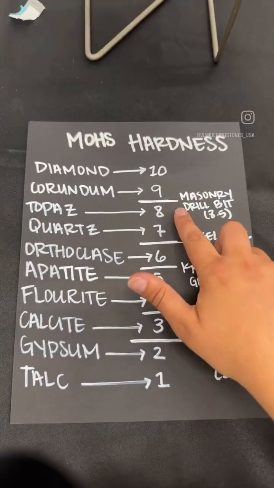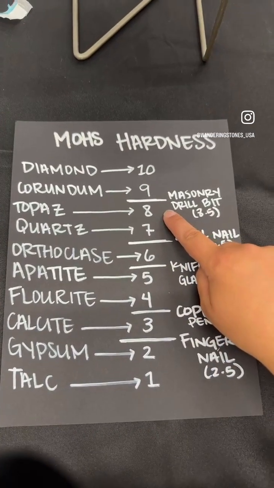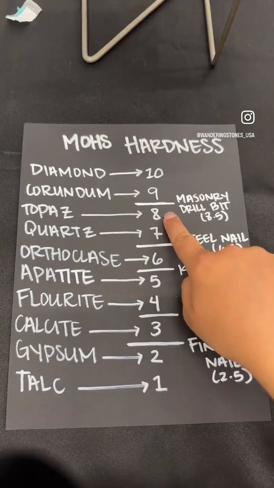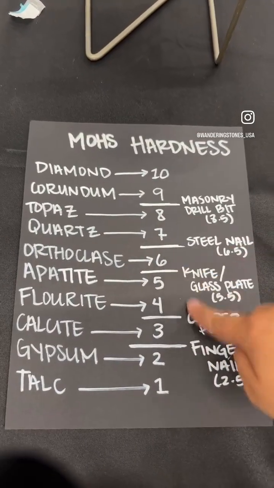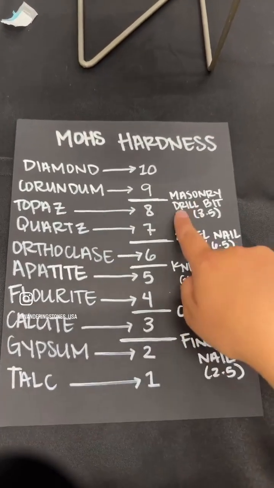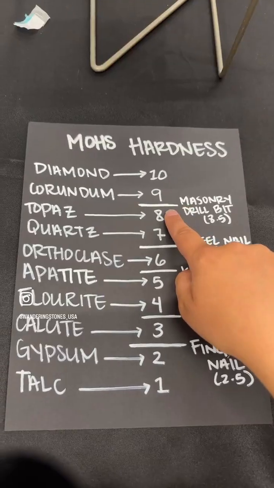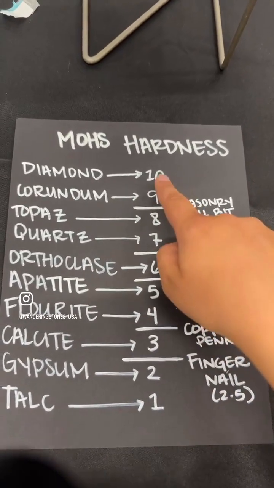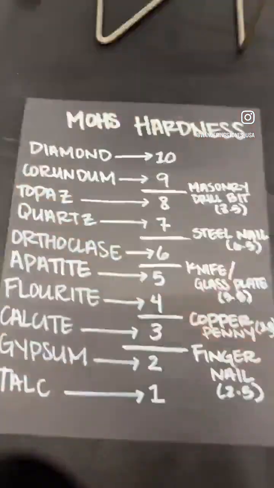And a masonry drill bit you can use to scratch an 8 and a 7. And then above that, you really just need some industrial grade stuff.